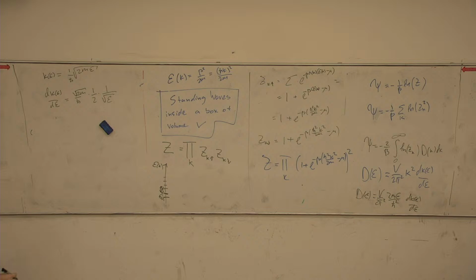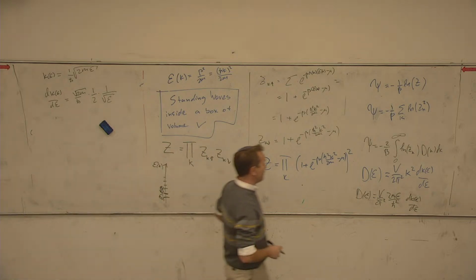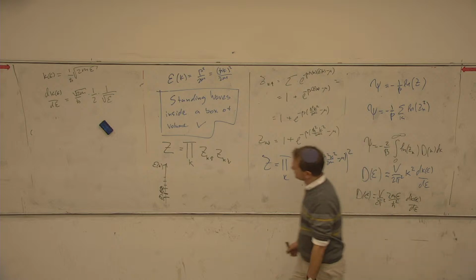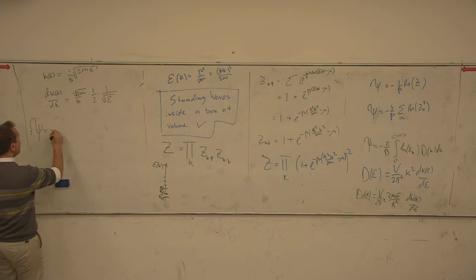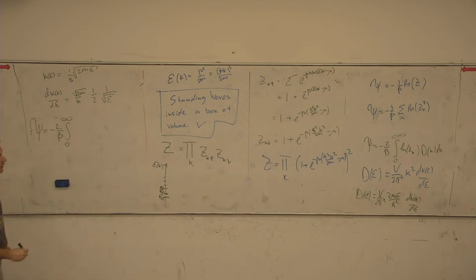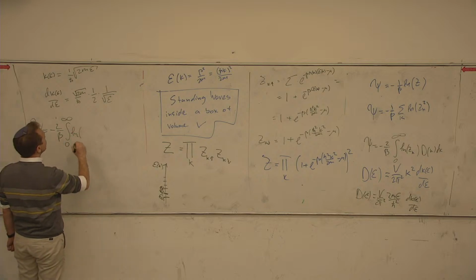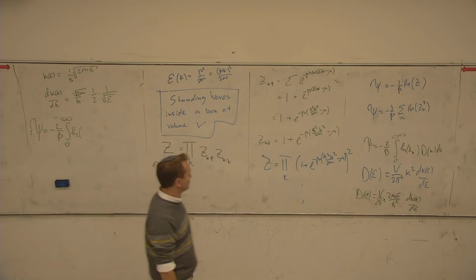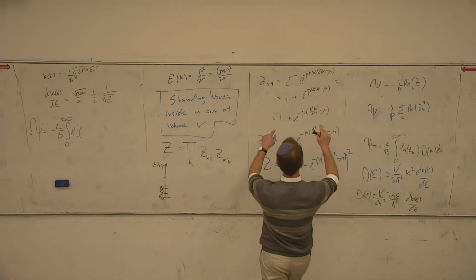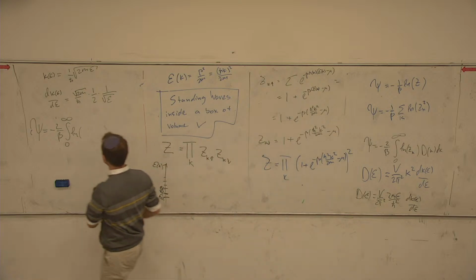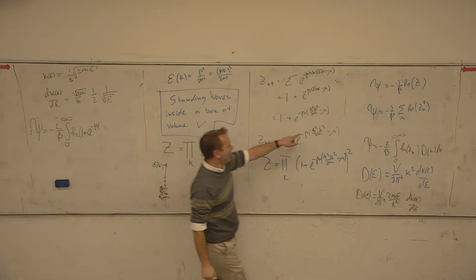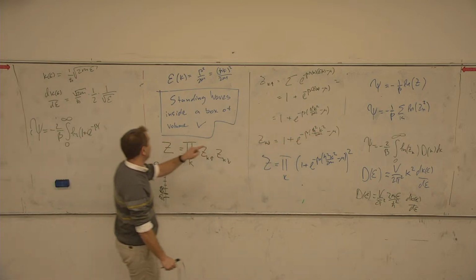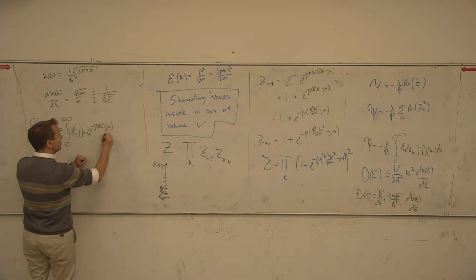Okay? Let's put everything inside now. So psi is minus 2 over beta, an integral from 0 to infinity of log of z of k. What is z of k? This guy. So it is 1 plus e to the power minus beta, now instead of h bar squared k squared over 2m, I'm writing epsilon minus mu.